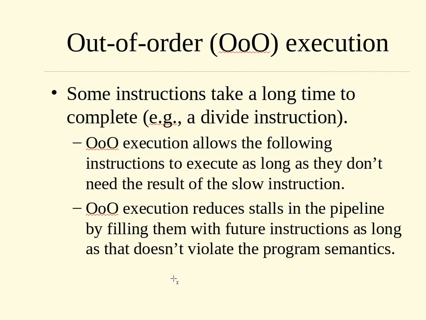The last thing we do want to talk about is something called out of order, and this is a very important feature, especially for Meltdown Inspector. So we've talked about the 5-stage in-order pipeline. There is out of order execution, and this is an advanced architecture topic, but let's at least briefly talk about it.